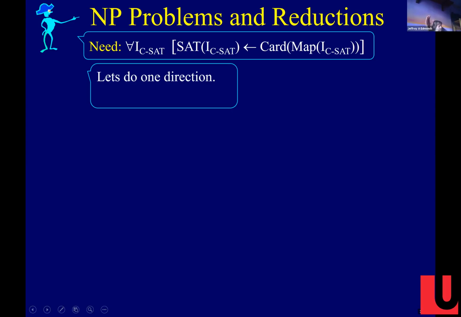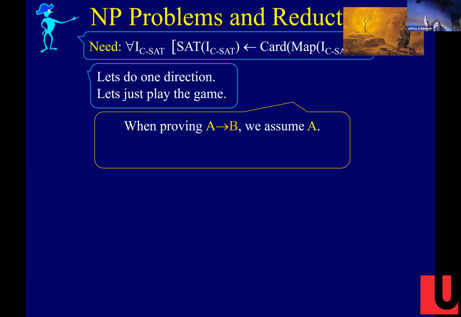Everybody ready to prove that? So how do you do it? Actually, this slide is wrong because we have to start with the adversary giving me arbitrary clauses. So let's pretend we had an adversary here that gave us a bunch of clauses.